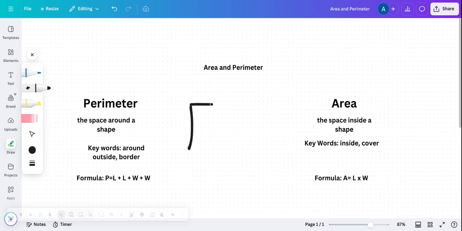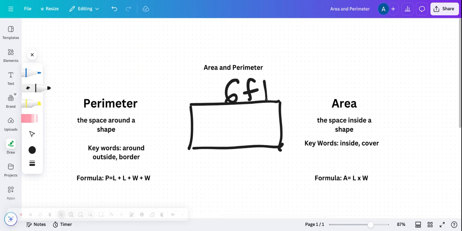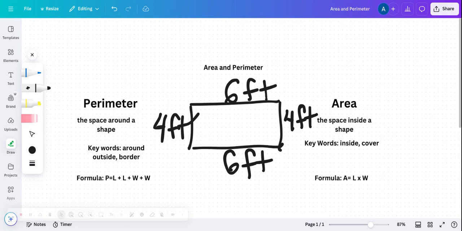So if I have a rectangle and the long side is 6 feet, the opposite side is also going to be 6 feet. Those are the lengths. And then the short side, or the width, let's say that is 4 feet. The opposite side is also going to be 4 feet. So if I'm trying to find perimeter, or the outside space around the rectangle, I'm going to add all 4 sides.